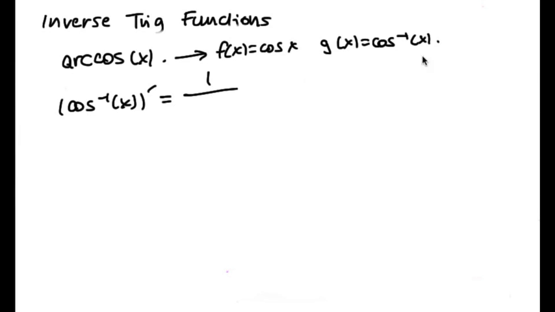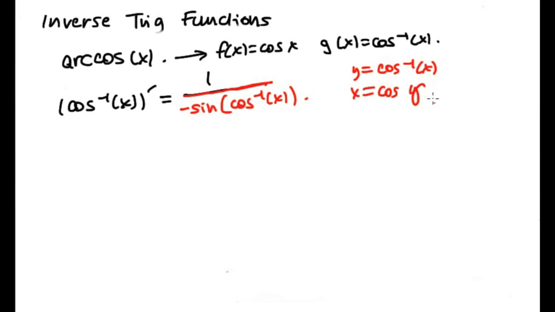So it's negative sine of arc cos x. And so what is arc cos x? Well, that's going to be y, right? So if we let y equal arc cos x, x is going to be cosine of y. So this is going to be equal to 1 over negative sine of y.